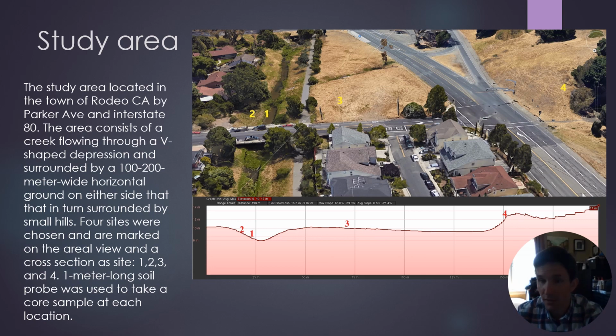In the area, there are a couple of outcrops. One of them is on a hill by site 4, and one of them by site 2 under the tree. There's a rock outcrop, and both of them are sandstone. So we presume that the parent material for the area is similar or the same.